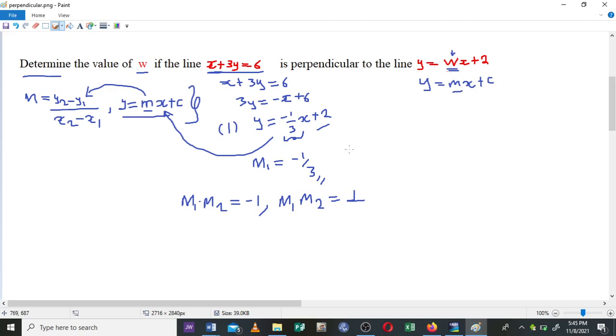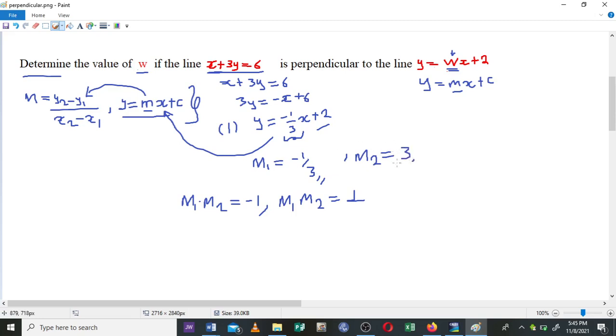If the gradient for m1 is negative 1 over 3, then the gradient for the second equation, m2, should be the negative reciprocal, which is 3. Sorry about that. So the reciprocal of negative 1 over 3 is just 3.